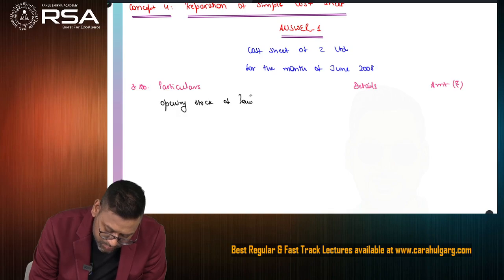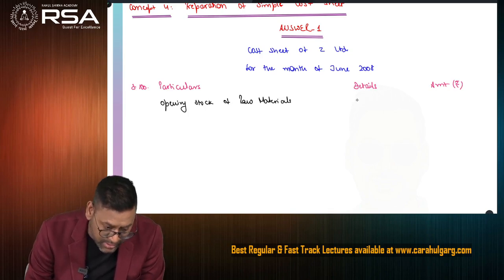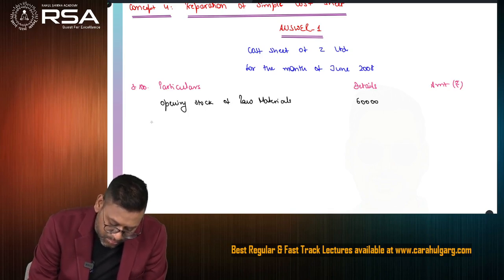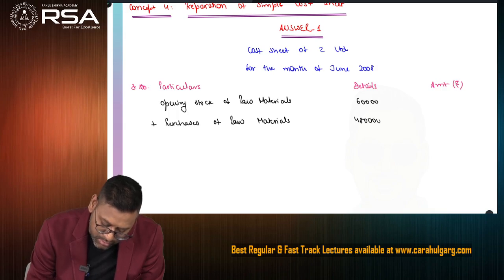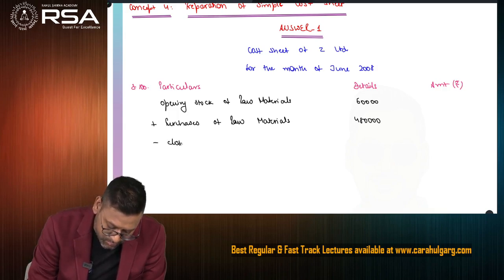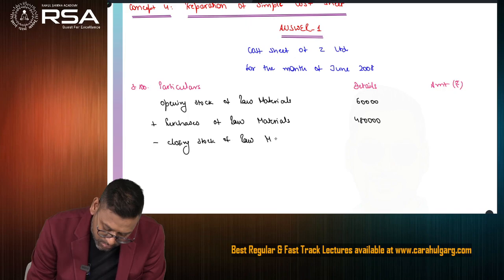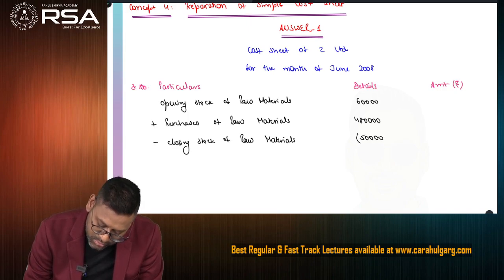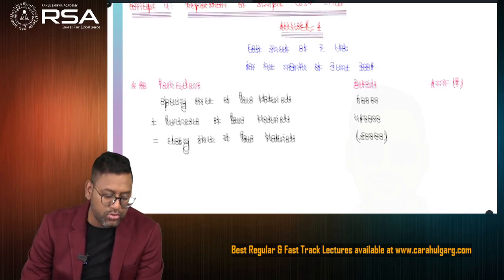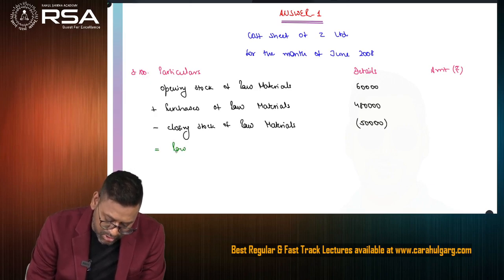Opening stock of raw materials is, it says, 60,000, plus purchases of raw materials, which is 4,80,000, and minus closing stock of raw materials, which is 50,000. So when we solve this, we get the cost of material consumed, or I can simply say raw material consumed.